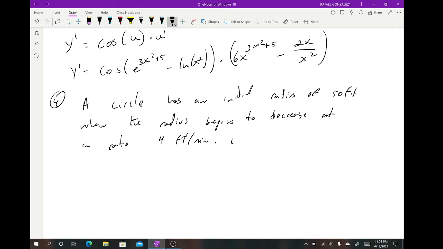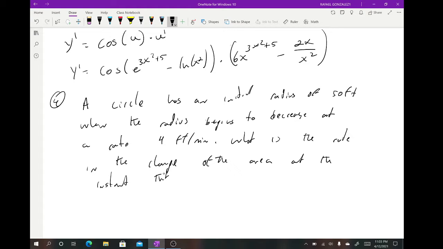The question is, what is the rate of change of the area at the instant that the radius is 12 feet.